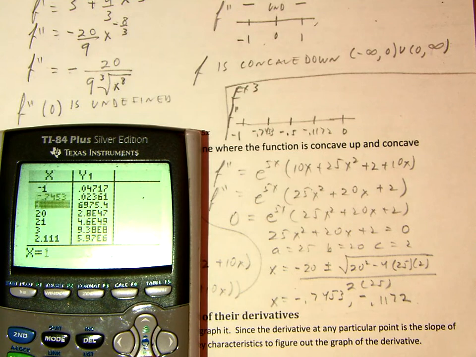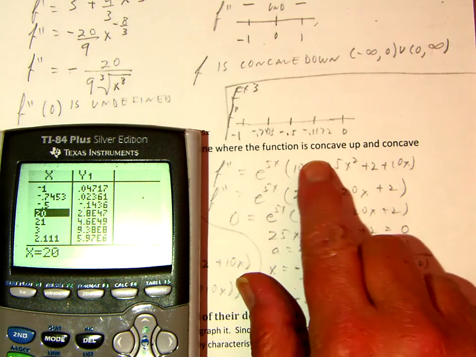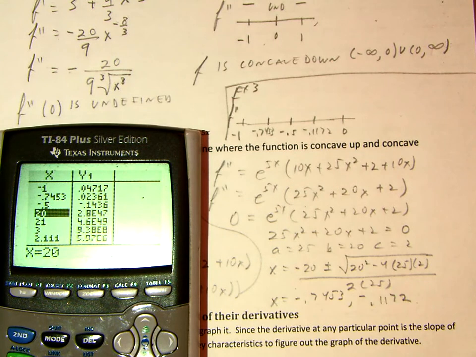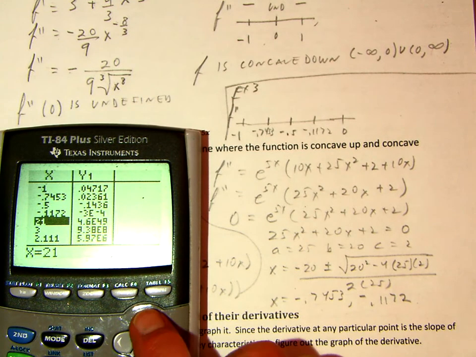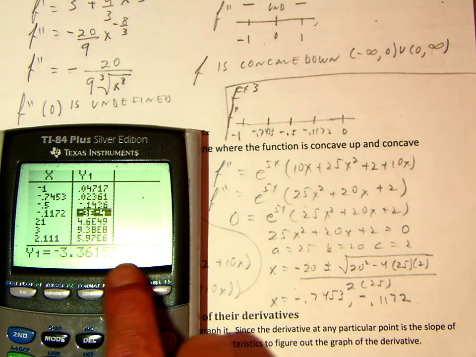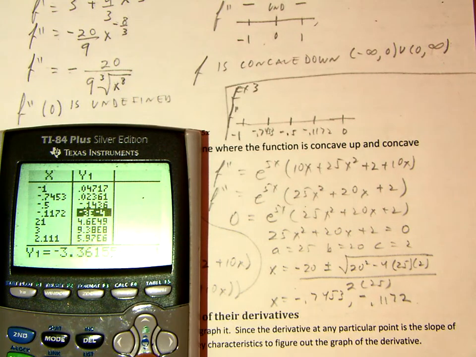Kind of. Whoops. Negative 0.5. I wanted to check. And negative 0.1172. That should be darn close to 0. And it definitely is getting even closer to 0.